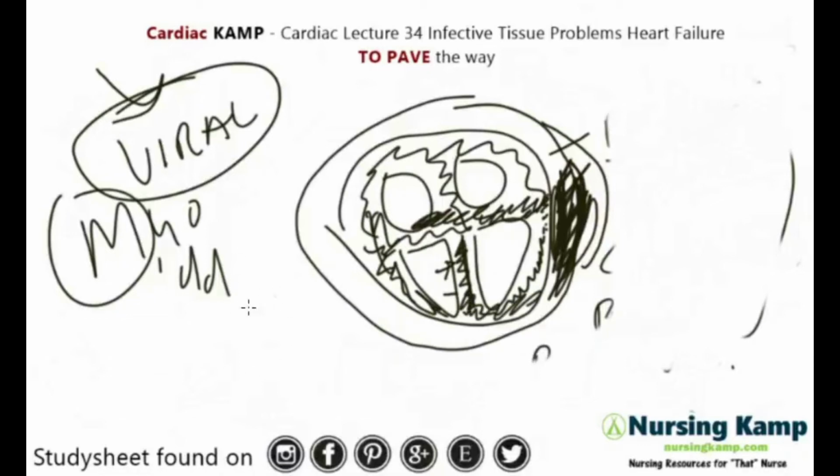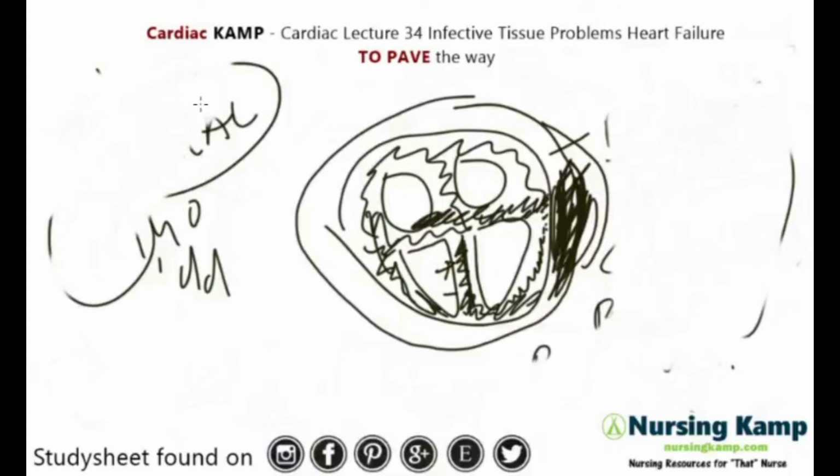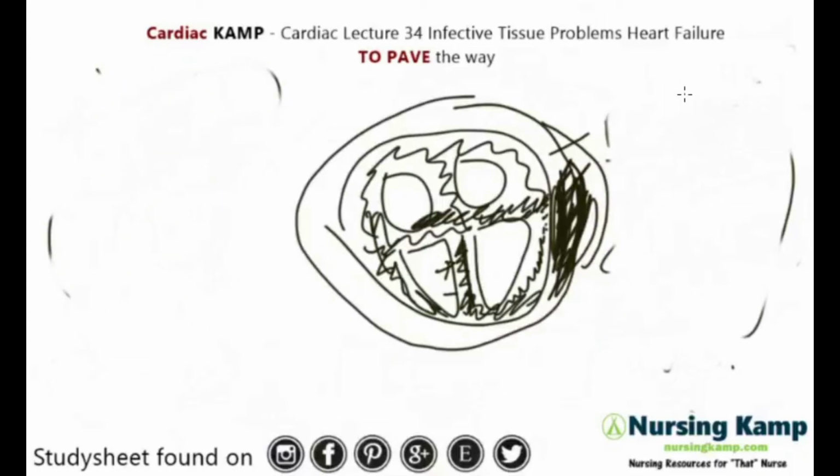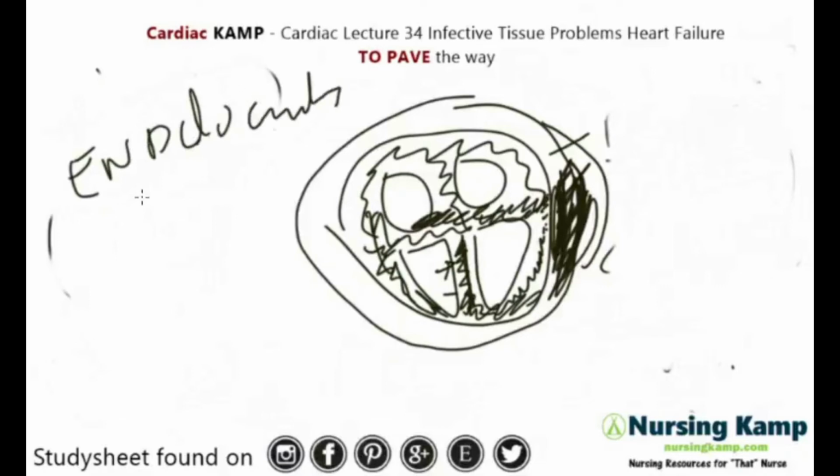All right, and then the next one is endocarditis. Endocarditis is most specifically on the inside. So when you're looking at this section right here, the endocarditis, a lot of times it's usually stuff from the outside.